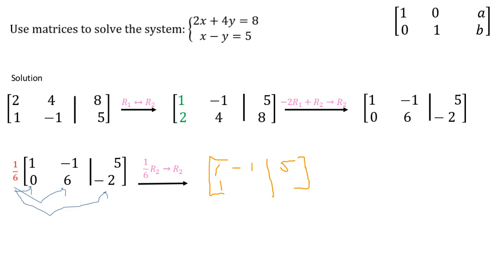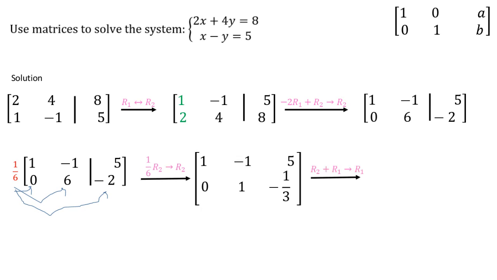And when I add that to the 5, we're going to get a negative 1/3. Hopefully you're following my steps. What I want to do is get this side to become my identity matrix. So now that I have this from my multiplication, now I'm going to add my rows. I'm going to add row 2 with row 1 to get my new row 1, because I want a 0 here now.